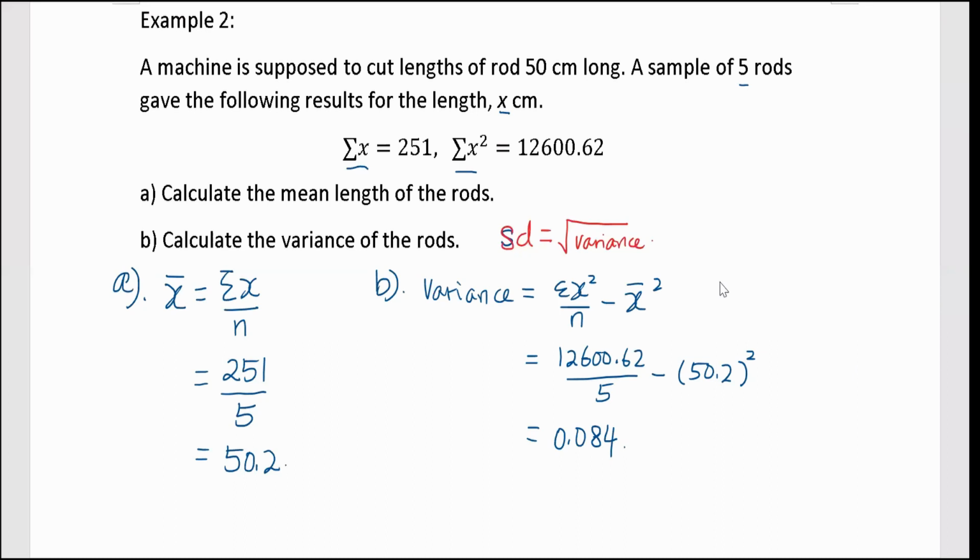So this information given is the summarized data. It helps us to find out the mean and the variance or standard deviations.